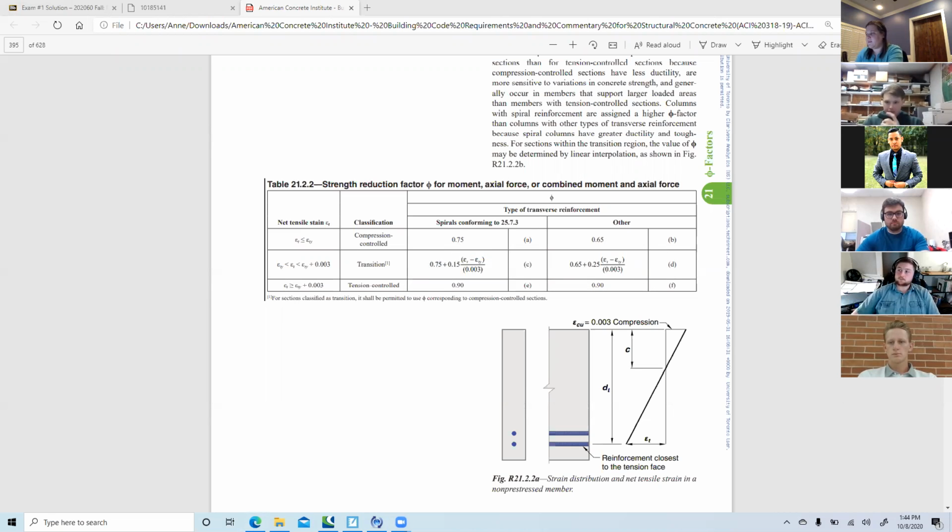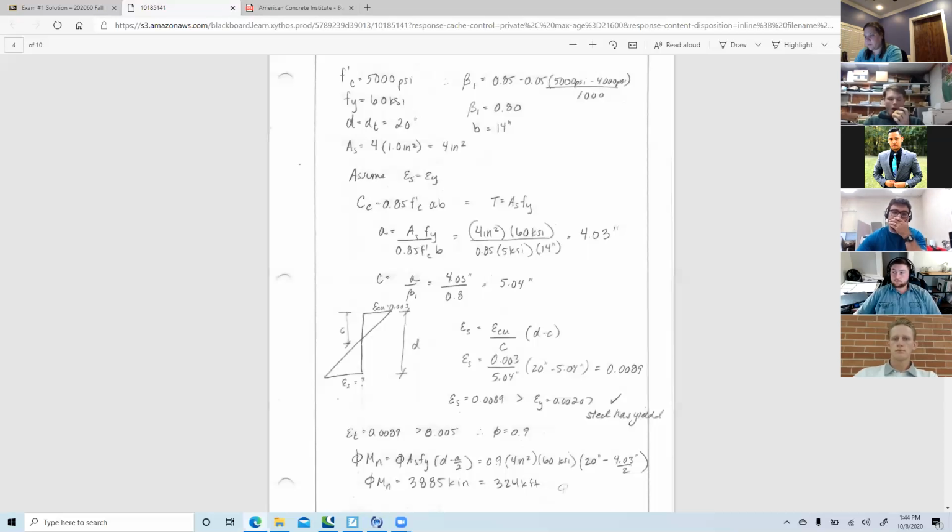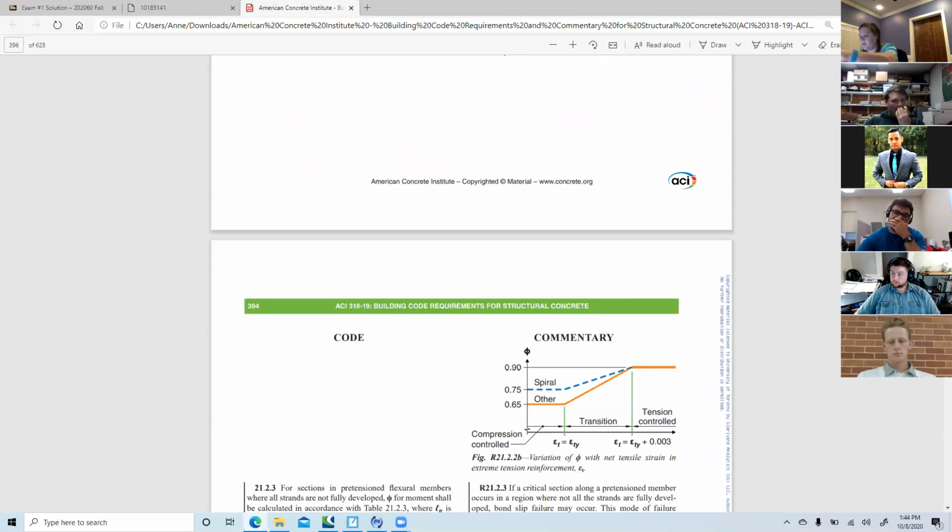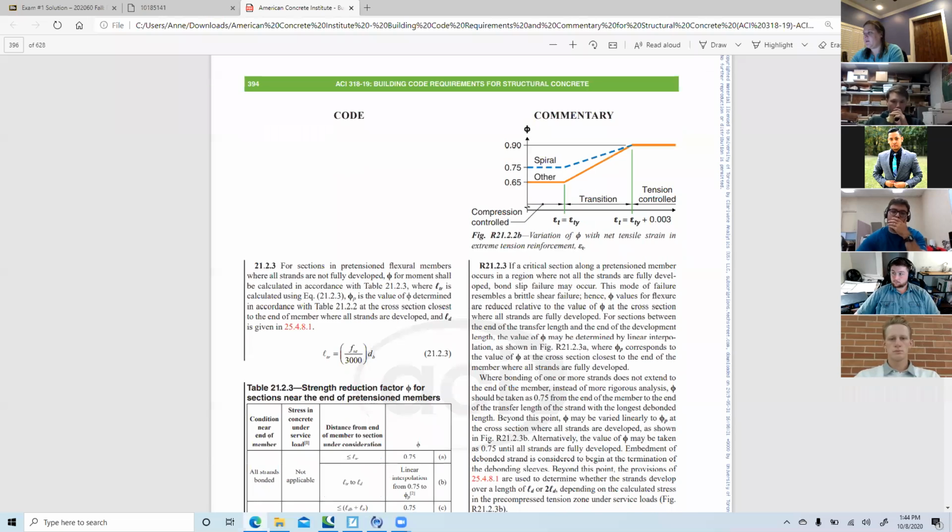In this case, the strain was 0.0089, which is much more than 0.005. So you cap your phi at 0.9. You can also look at this little chart here. No matter what, phi is capped at 0.9 for moment, and I think also for axial.